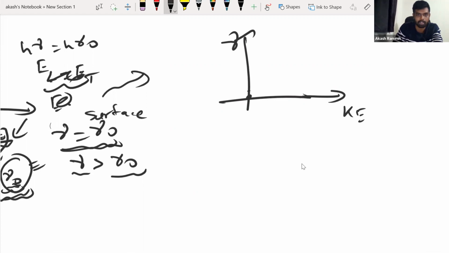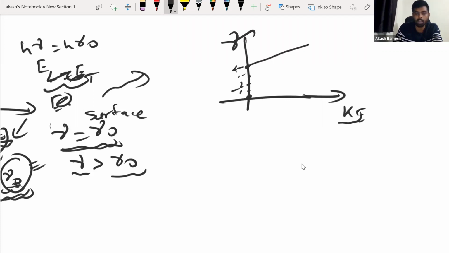Say now this is 1, this is 2, this is 3, this is 4, like that I'm keeping on going. At 1, 0 kinetic energy; at 2, 0 kinetic energy; at 3, 0 kinetic energy. But when I reach 4, kinetic energy is increasing. After 4, if I keep on increasing the frequency value, kinetic energy also keeps on increasing.